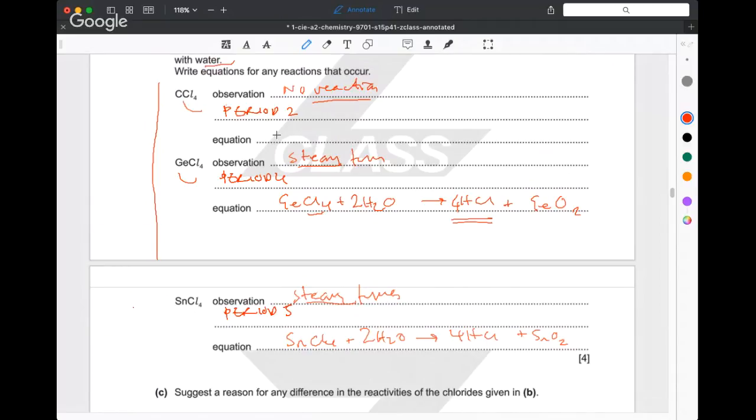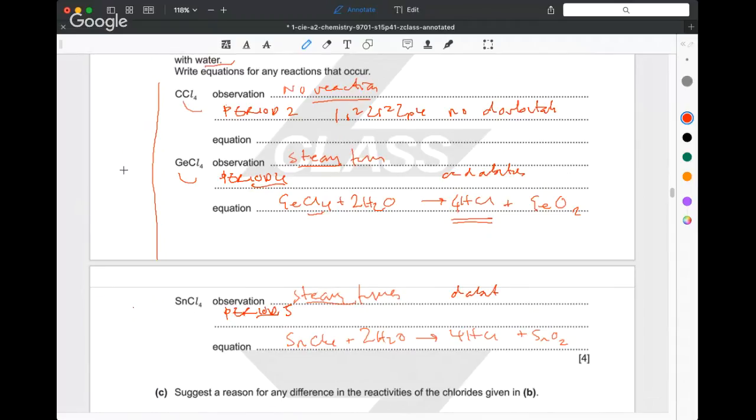And so in period 2, the electron configuration for carbon is 1s2, 2s2, 2p4, and there are no d orbitals in period 2. But in period 4 and in period 5, there are d orbitals.